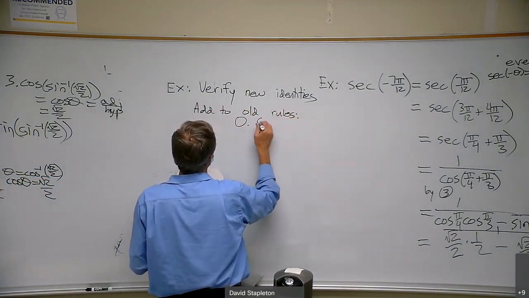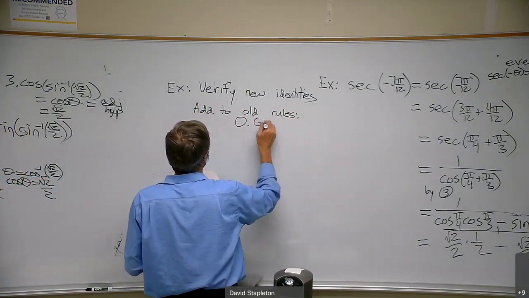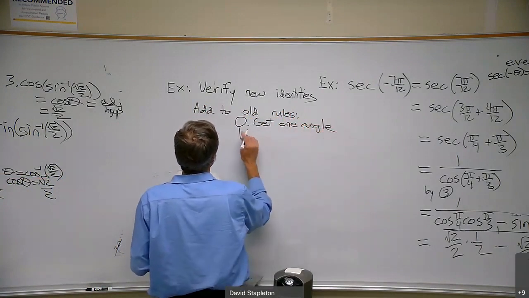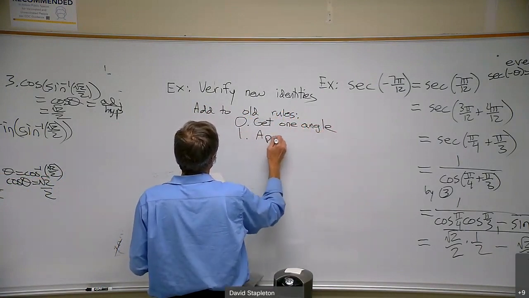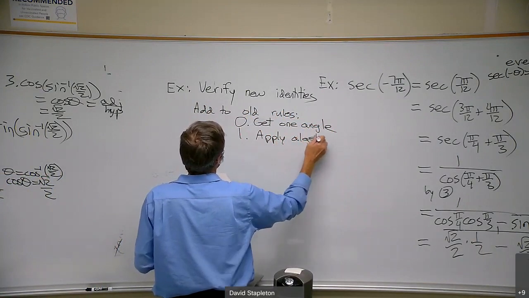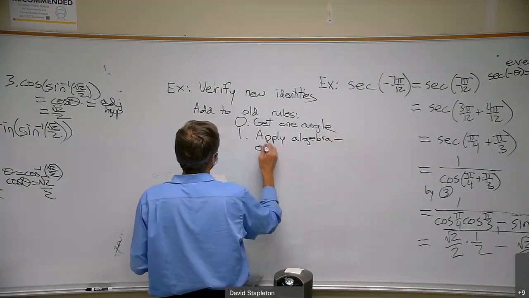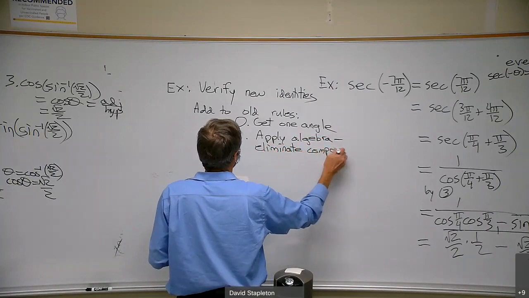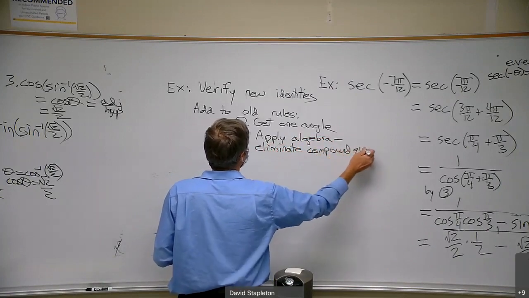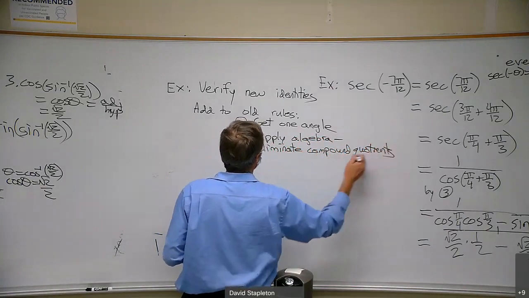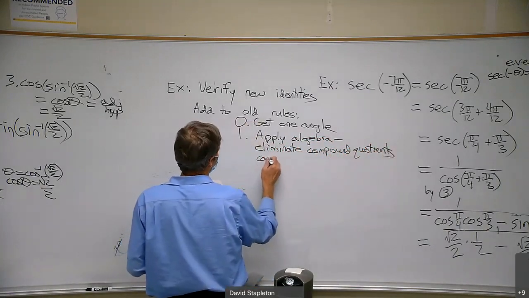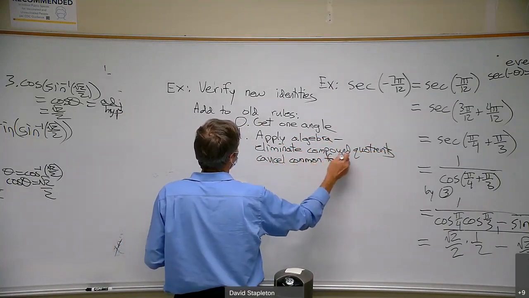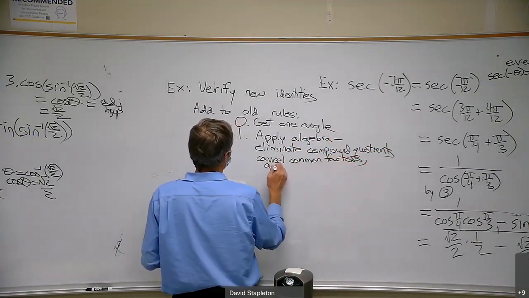Rule 0, which is get one angle. Then you apply algebra by eliminating compound quotients. Cancel common factors. Put over a common denominator.